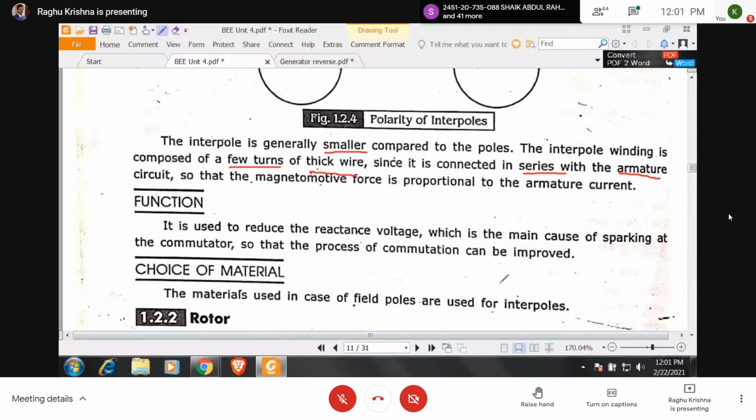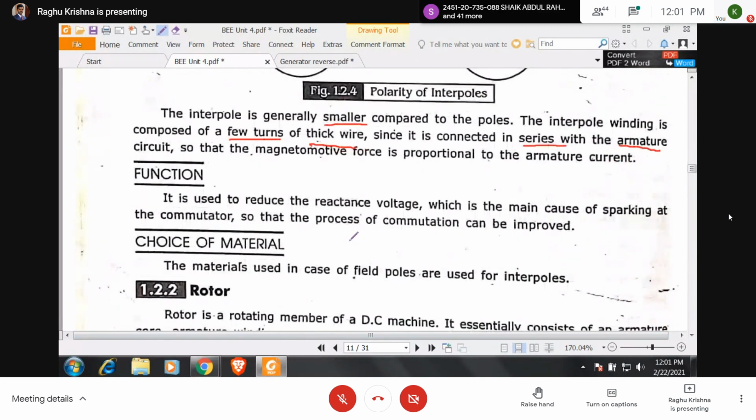So just know about the parts. Interpoles are always connected in series with the armature, so that the electromotive force is proportional to the armature current. Just know about the function of these interpoles. The function of the interpole is to reduce the reactance voltage, which is the main cause of sparking at the commutator.